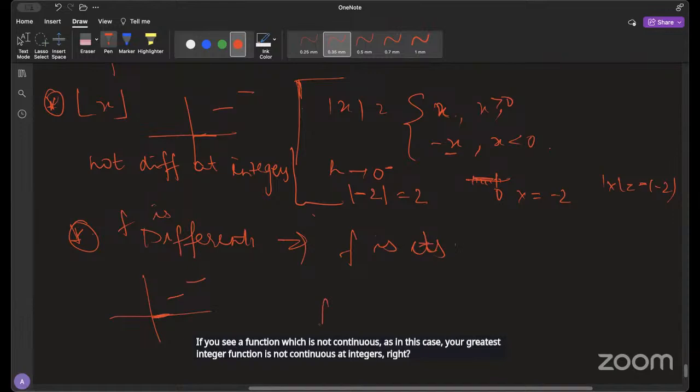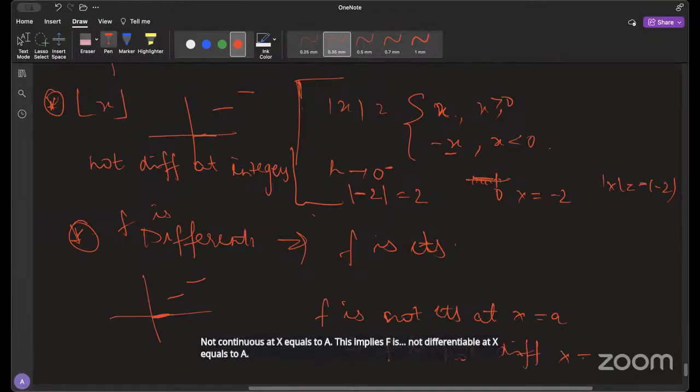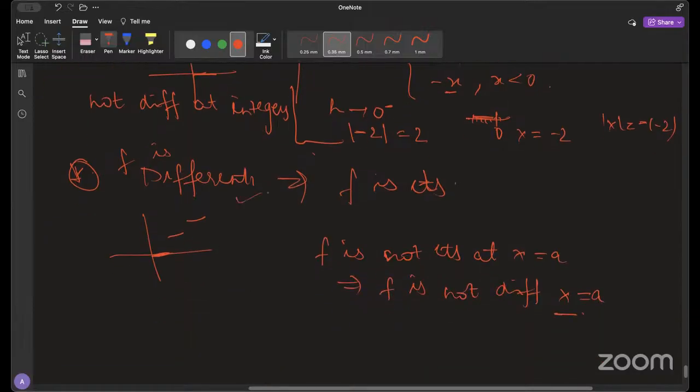So if f is not continuous at x equals a, this implies f is not differentiable at x equals a. So every differentiable function is continuous, and the converse of this is not true.